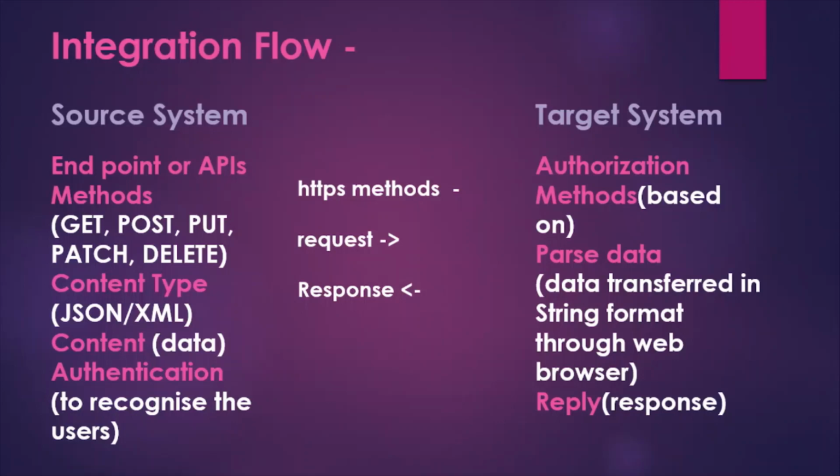An API refers to a set of protocols and tools that allow interaction between two different applications or systems, and an endpoint is a URL that enables the API to gain access to resources on the system. So to establish the integration, we first need an endpoint or APIs in the source system.